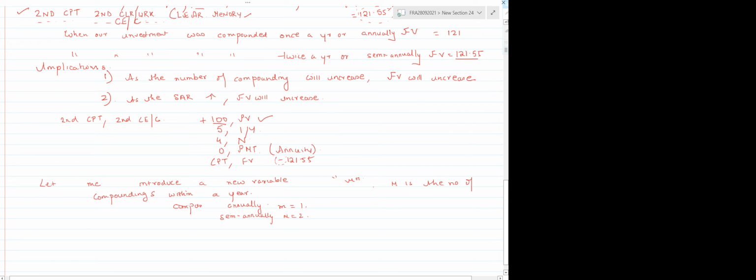If I compound quarterly, 4. If I compound daily, 365. If I compound weekly, 52. So please remember this. I've introduced a new variable which is m, which is the number of compoundings within a year.